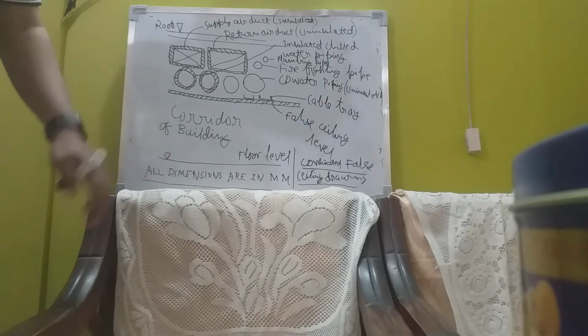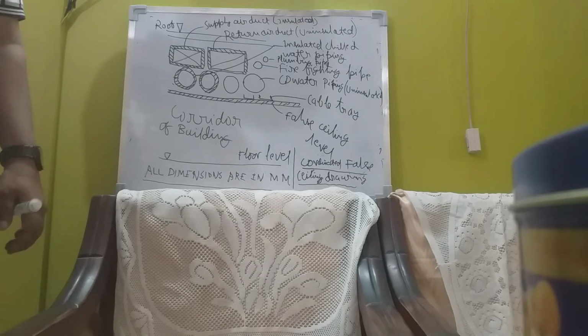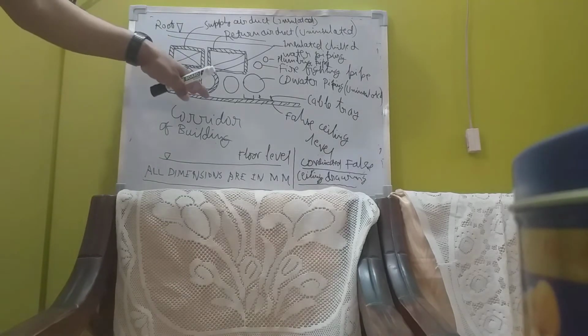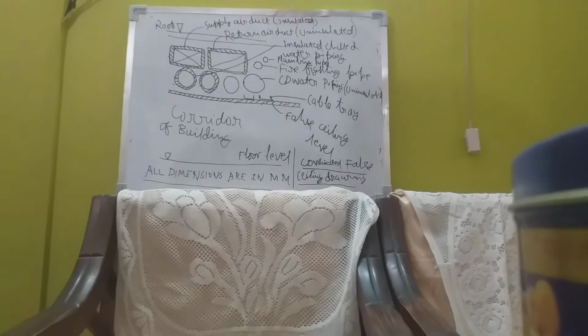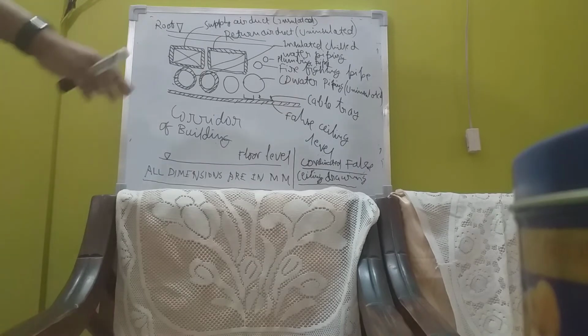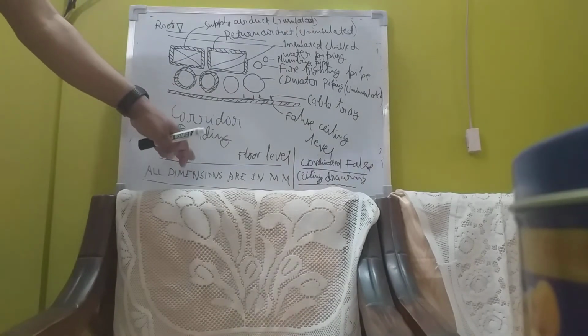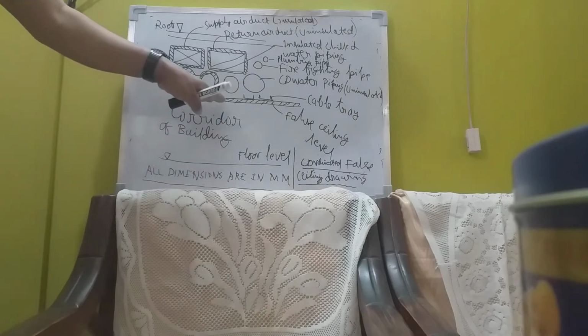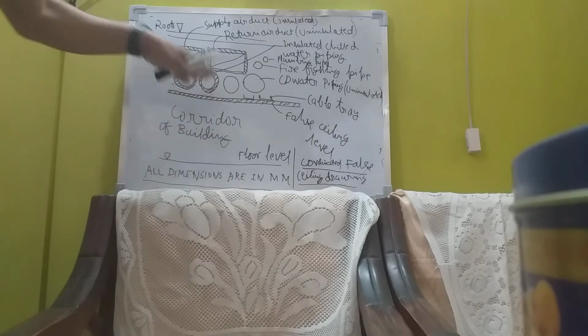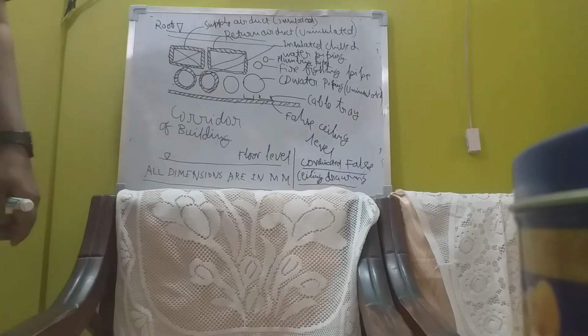You have a very frustrated feeling. So the false ceiling should be located at a proper height from the floor level, so that when the person moves on the floor, he gets a comfortable feeling that the false ceiling height is high enough.